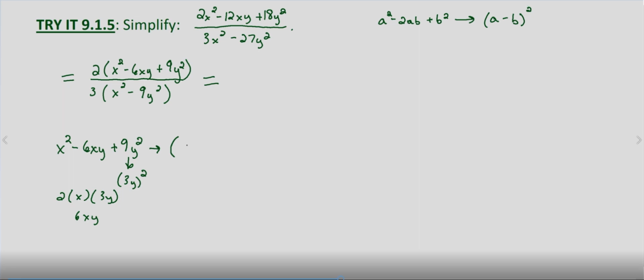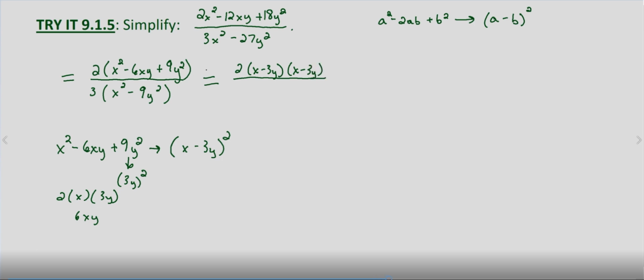So this will factor to x minus 3y squared. So now we can write what's in parentheses in our numerator as 2 times x minus 3y, and I'm going to write out the factors individually, times x minus 3y.